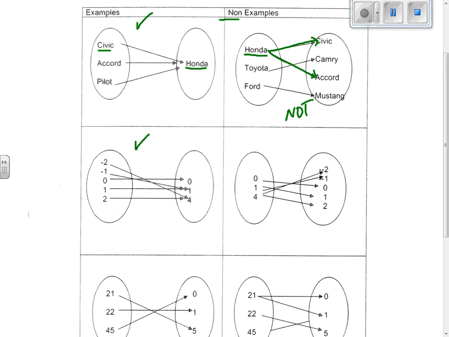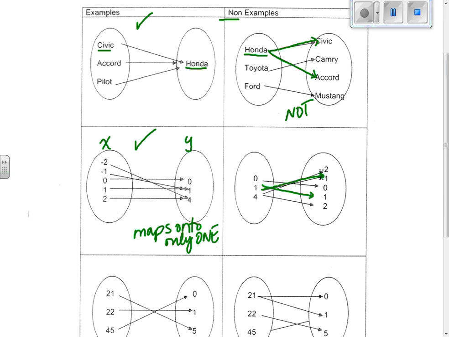This one is a function. Each one of the x values on the left maps onto only one y value on the right. Whereas the one on the right side, 1 maps onto two different answers. It's hard to see.